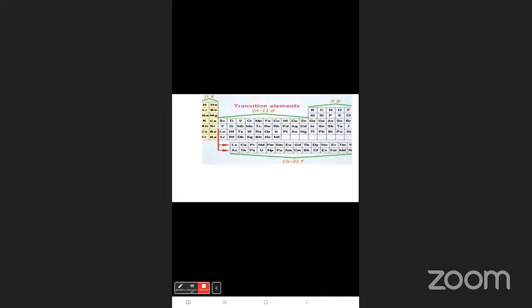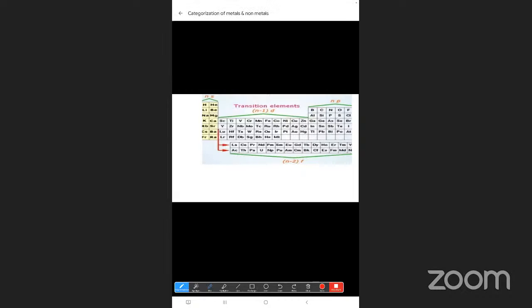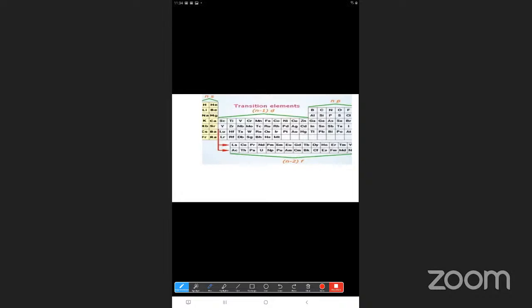These elements belong to D block elements only. You can observe here lanthanides. From this third B group, lanthanides start. Next, in this third B group, from the next row, the 7th row, the actinides start.